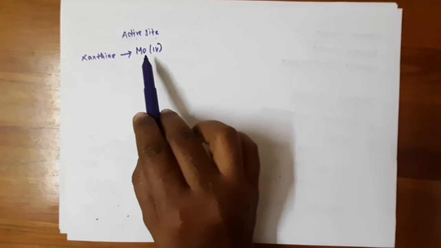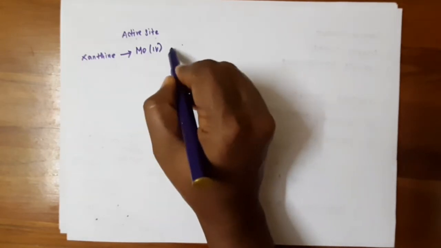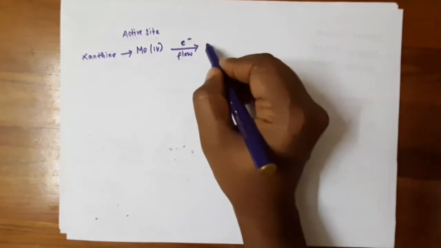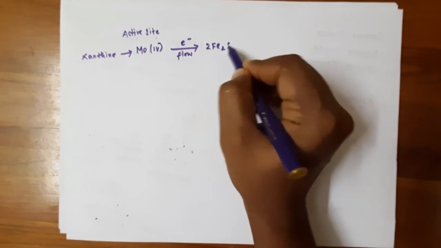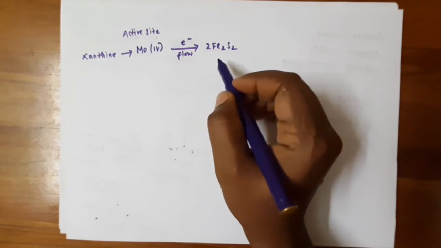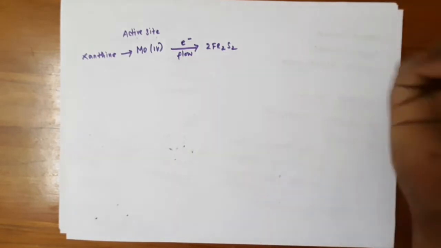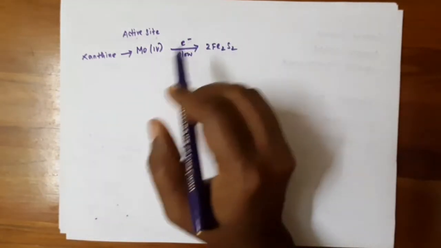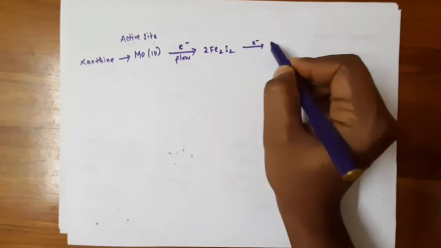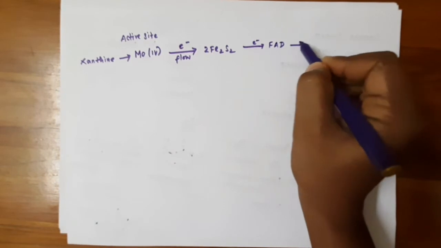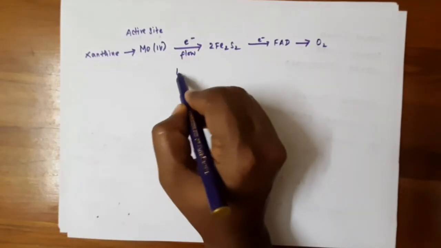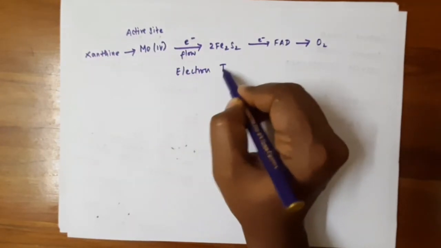The molybdenum takes the electrons, which leads to an electron transfer reaction, and it transfers the electrons to the Fe2S2 subunit. This is like the electron transfer in photosynthesis with the help of ferredoxin, a well-known electron transfer agent. Like that, the electron transfer is facilitated by the Fe2S2 subunit. Then it transfers the electrons to FAD and generates the oxygen. So this is the type of electron transfer reaction.